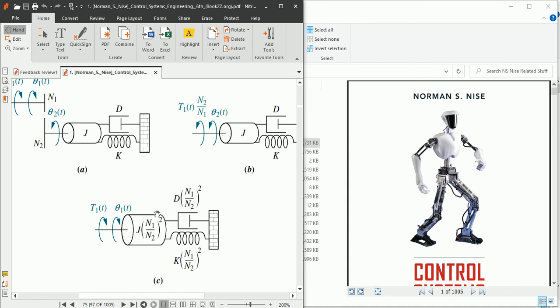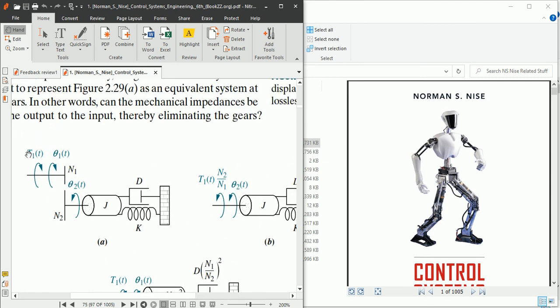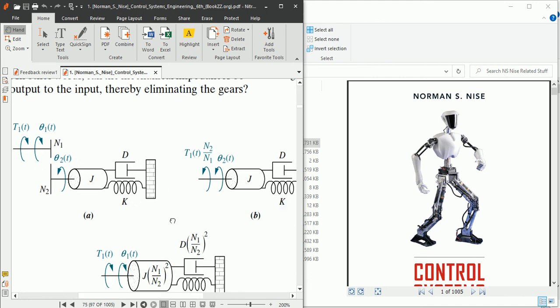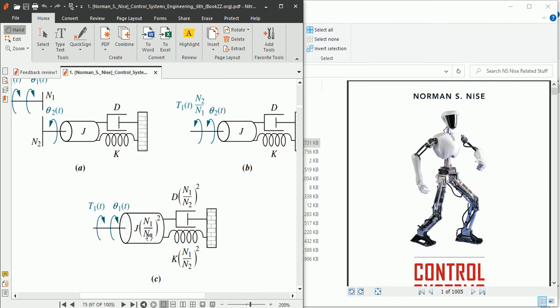The other option is, if you reflect all the J, D and K towards the left, you multiply by the destination shaft over source: N1 over N2 whole square into J, plus N1 over N2 whole square into D, plus N1 over N2 whole square into K. N1 is the destination shaft.